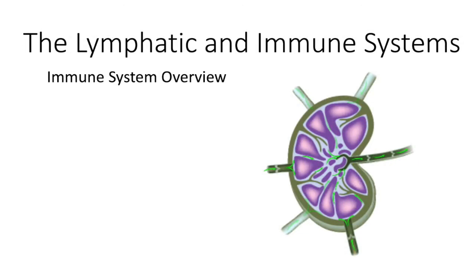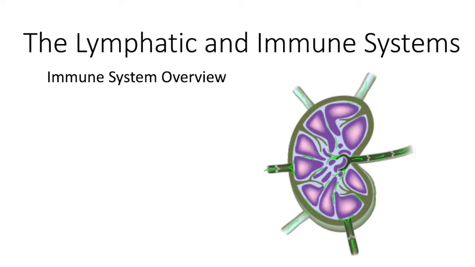The immune system is a functional organ system, and it's made up of many structures. Barriers like your skin and mucous membranes, cells like lymphocytes, macrophages, neutrophils, dendritic cells.